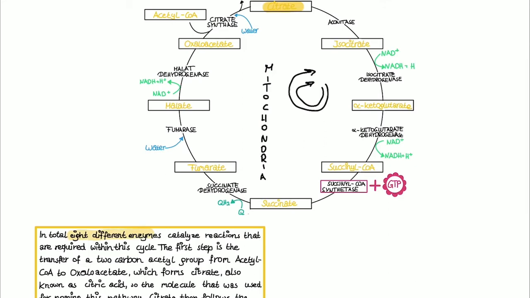The first step itself is a 2-carbon acetyl group, which is transferred from acetyl-CoA to oxaloacetate, which then forms citrate, which is also called citric acid. So this is the molecule that was used to name this pathway.